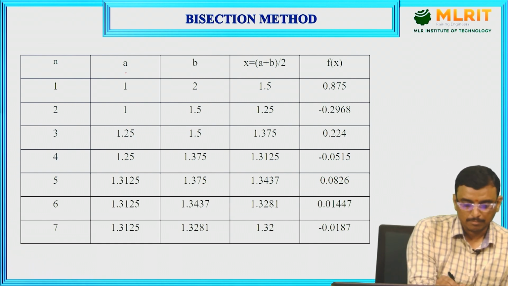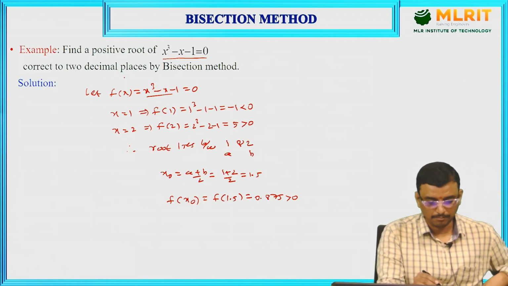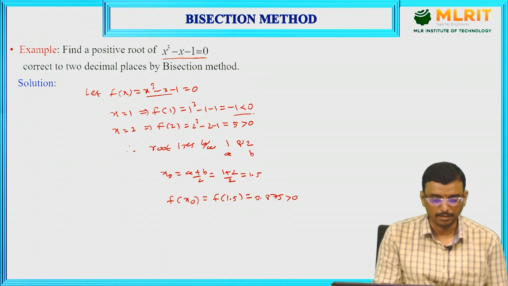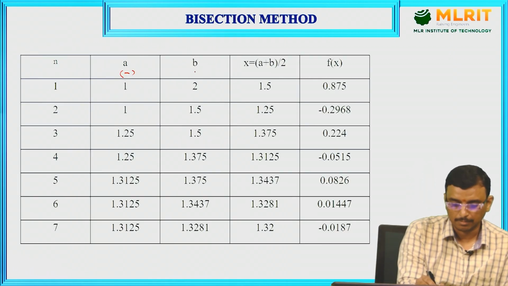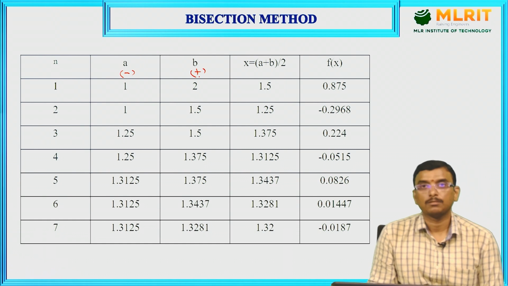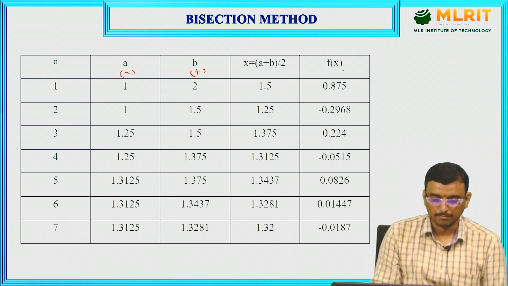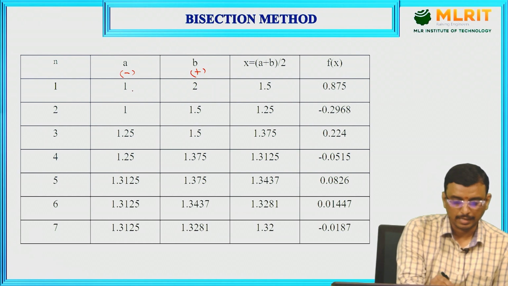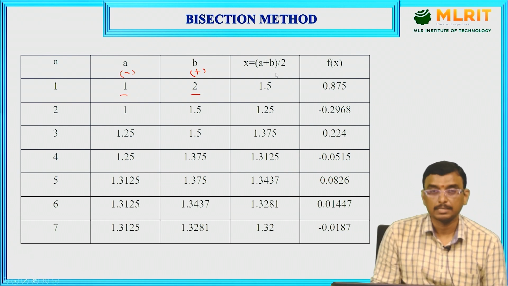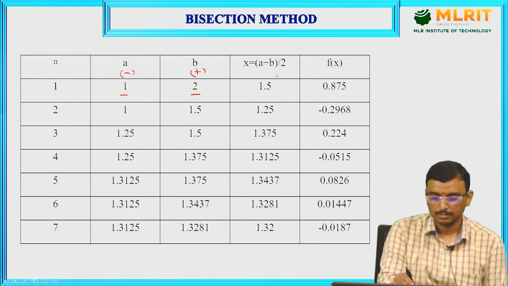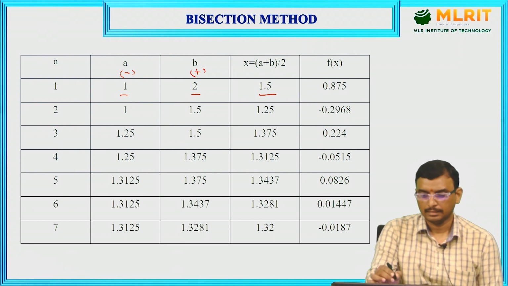I am representing negative functional values with a minus and positive ones with a plus, and x = (a + b)/2 is the midpoint of the interval, with f(x) the functional value. Here a = 1 and b = 2, taking the midpoint (1 + 2)/2 = 3/2, its value is 1.5, and we substitute this 1.5 in the given function.